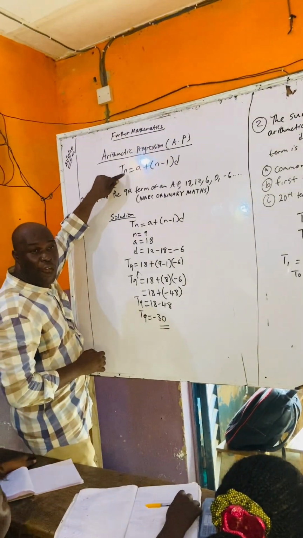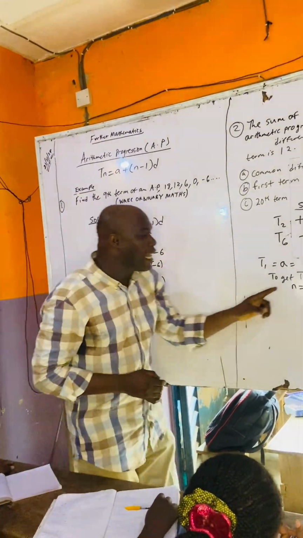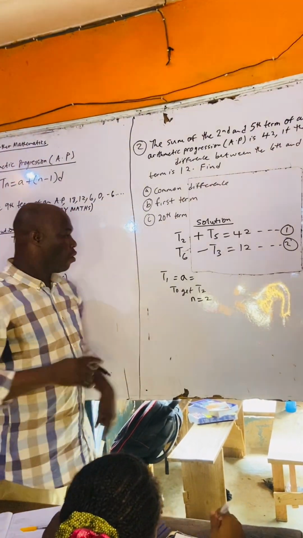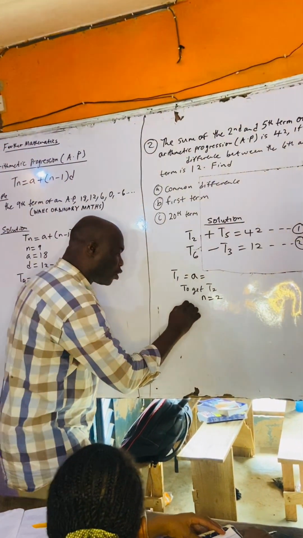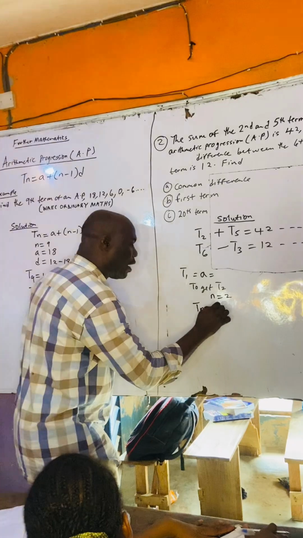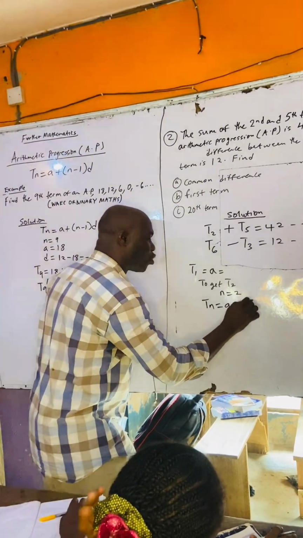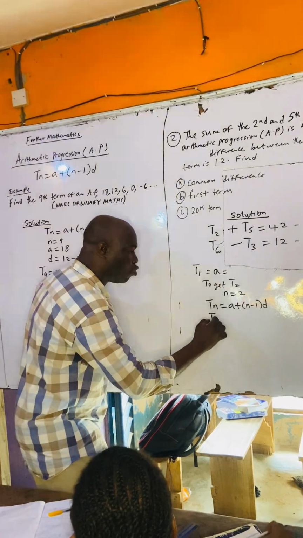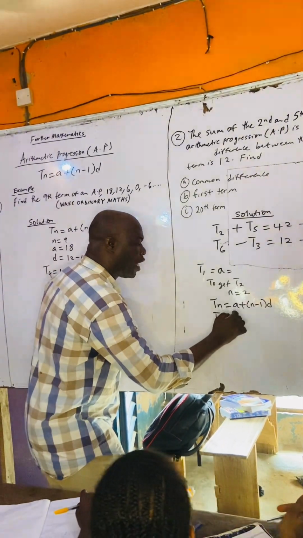This is the number of term. For you to get T2, it means your n is 2. You now come to your formula, which is Tn equal to a plus n minus 1 bracket d. So here now, what am I going to write? T2 equal to, did they give us the first term?